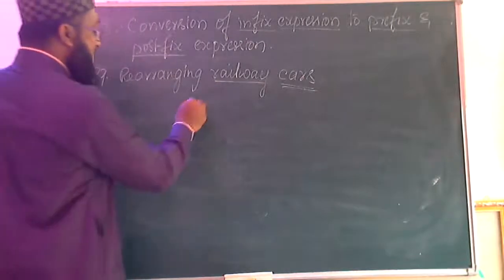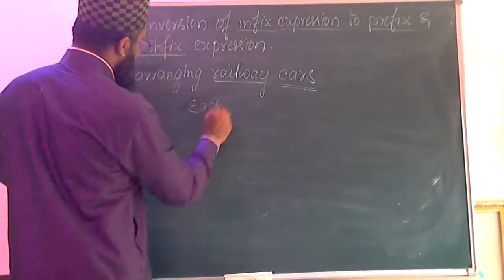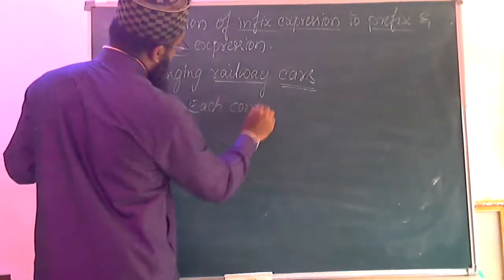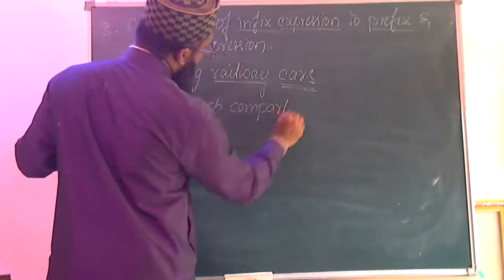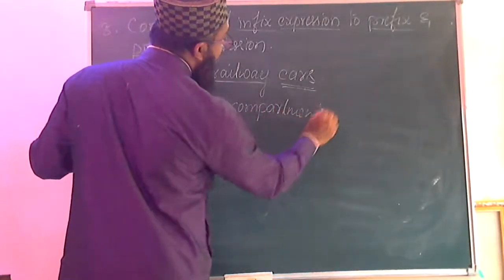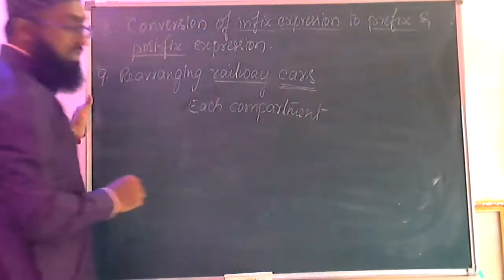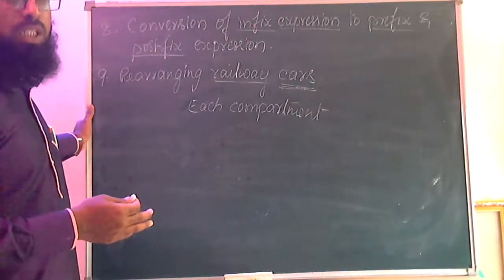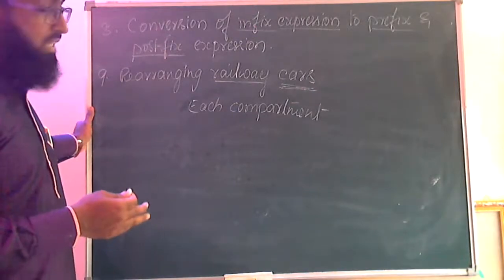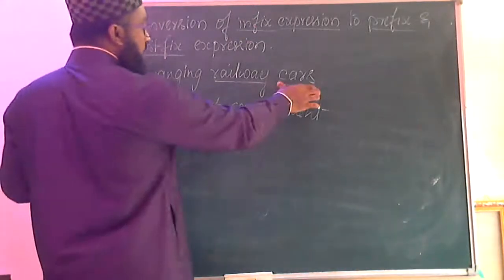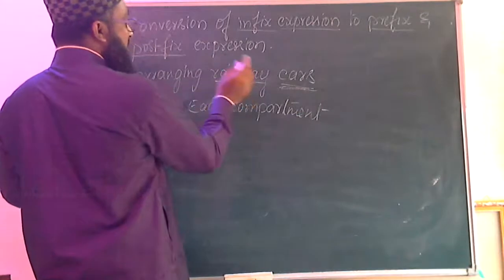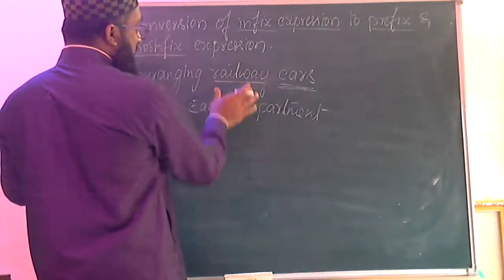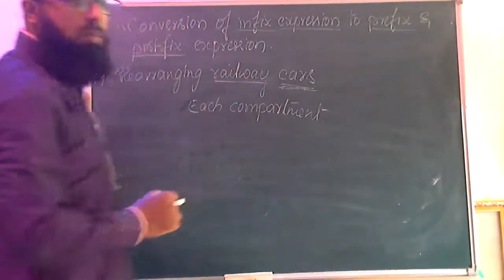Basically, trains move on the railway track. Each compartment of a train is called a car. Basically, you would call the compartment a bogie of a train, so that bogie is called a car here. Railway car means the bogie or the compartment of a train.